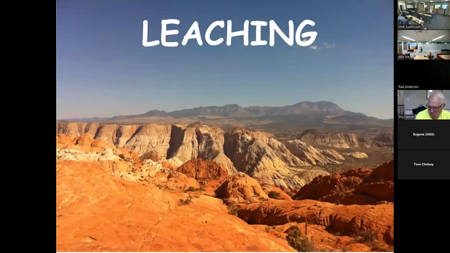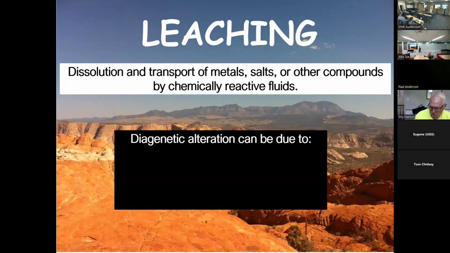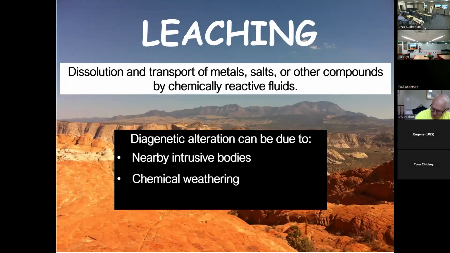Instead, I think a lot of this might be due to leaching and just dissolution and transport of metals, salts, or other compounds by chemically reactive fluids, based on what I've seen up at Leeds in the Springdale Sandstone and in Snow Canyon as it rims the southern edge of the Pine Valleys. So this diagenetic alteration can be due to nearby intrusive bodies, can be due to chemical weathering, or possibly hydrocarbon migration.